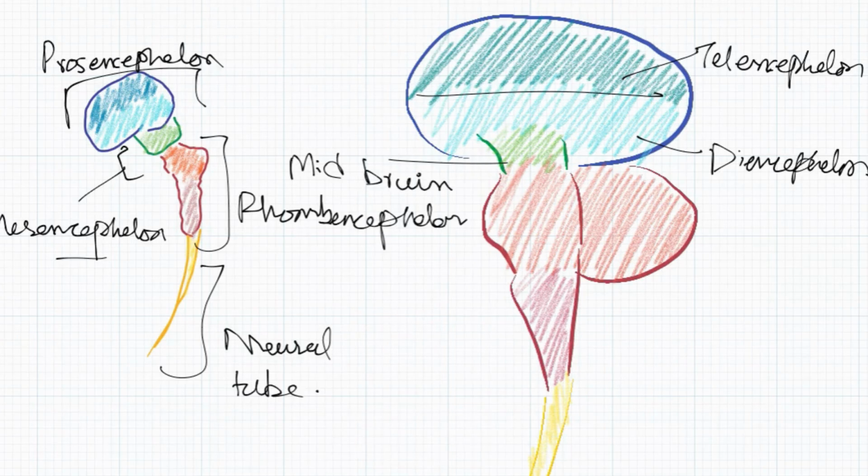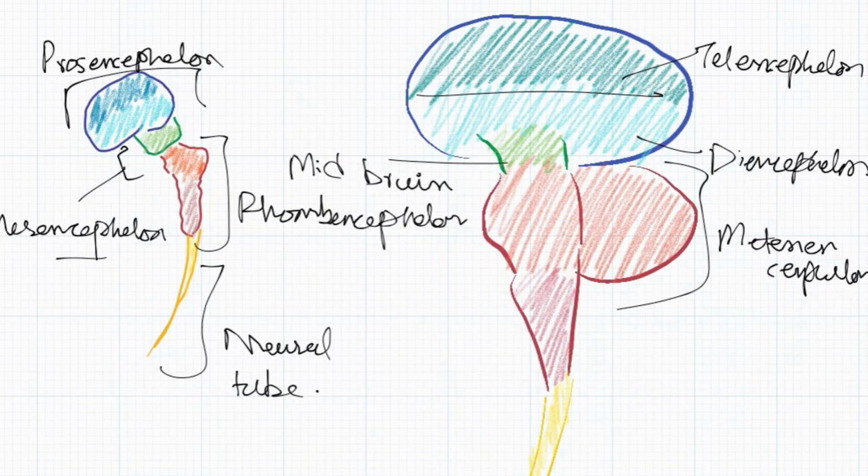The rhombencephalon also consists of two subdivisions. This right over here is formed from metencephalon and this over here is formed from myelencephalon.